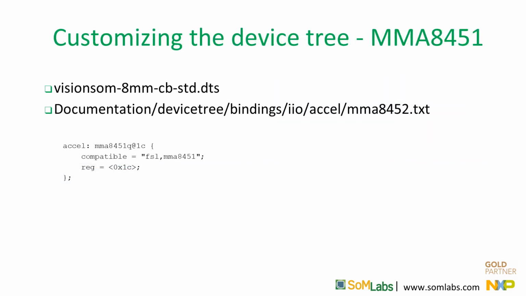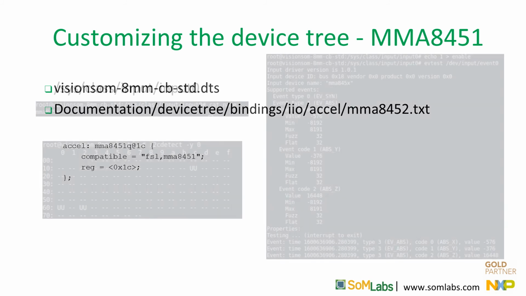The rest of the modules we're going to connect have a much simpler configuration. They just need the compatible field with the device name and the I2C address, like here for MMA8451. It will appear on the system as sys class input 0 device according to our current kernel configuration.